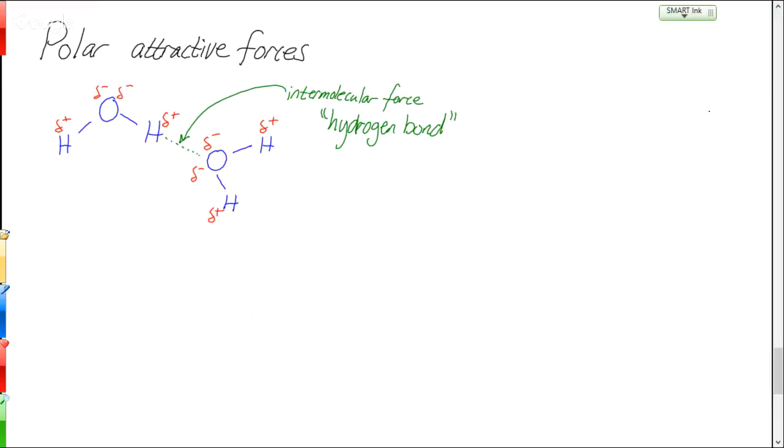It's not hydrogen bonding with another hydrogen or something. It's this type of force, and it just happens to be called a hydrogen bond or hydrogen bonding. This is the strongest type of intermolecular force.